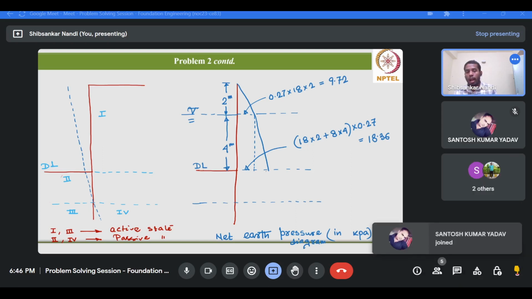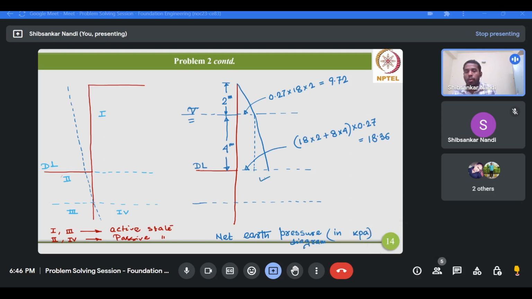As soon as you go below the dredge level, on this side you will have active pressure A and on this side you will have passive pressure P.